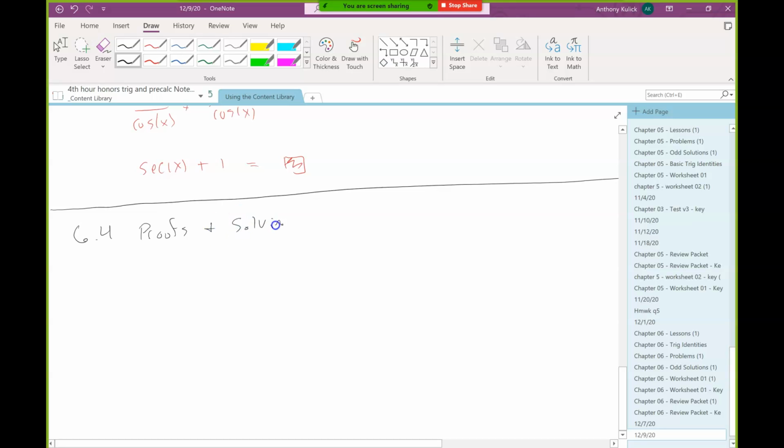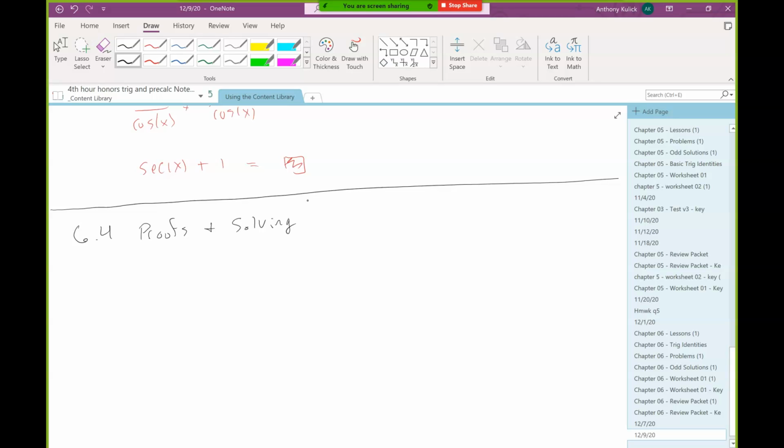So our last section in Chapter 6 is titled Proofs and Solving. So these are both ideas that we had looked at in the previous chapter. We just now have access to a whole load of new identities that we might need to use in the course of this chapter. So let's just do some examples, and then we'll be done with Chapter 6 here.